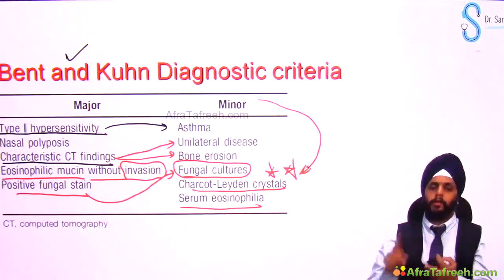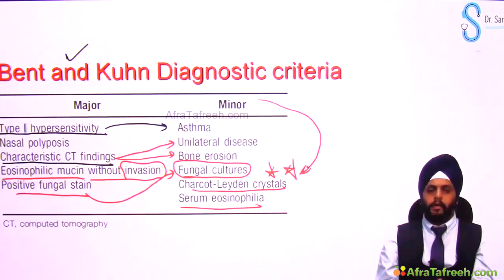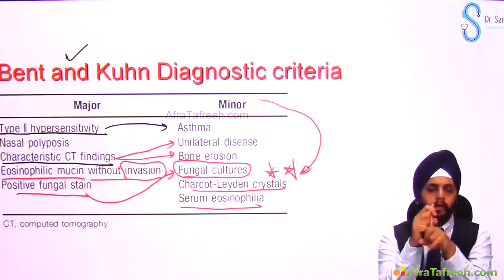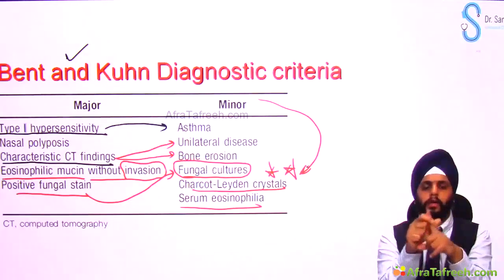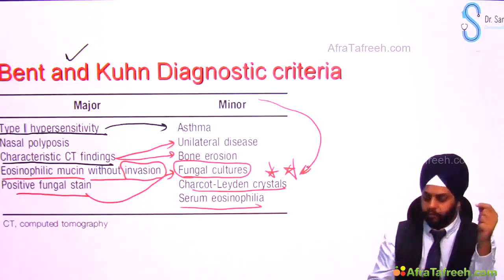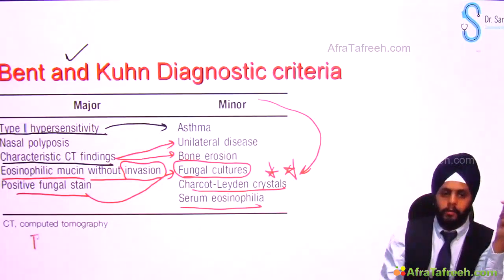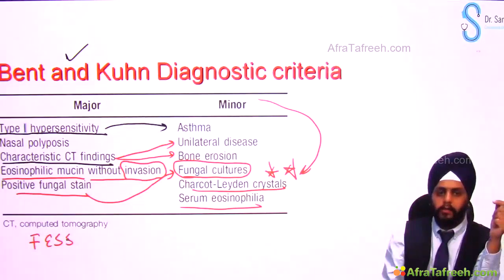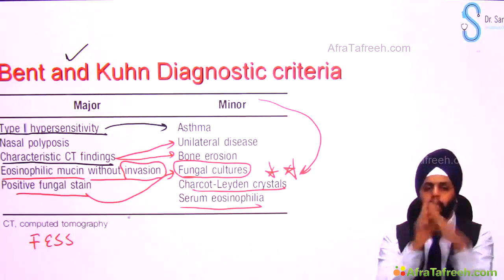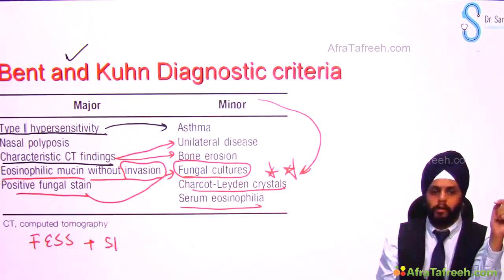Number two, treat the allergy, give steroids. So two things in allergic fungal rhinosinusitis. Number one, treat the fungus, remove the fungus, do a FESS. So treatment is number one, do a FESS, remove the fungus. Number two, steroids.